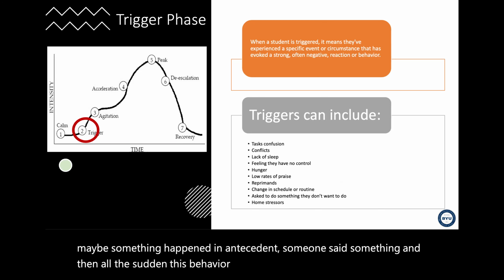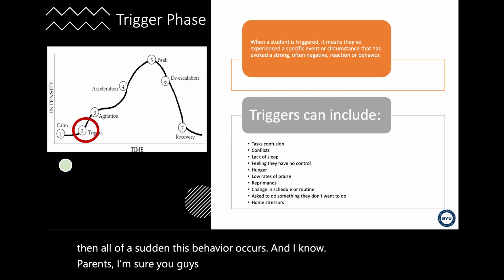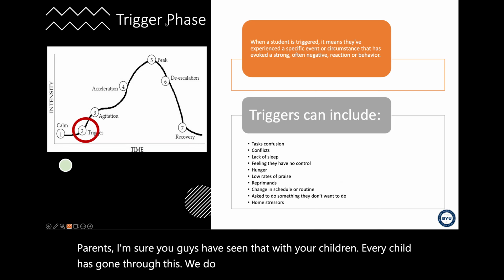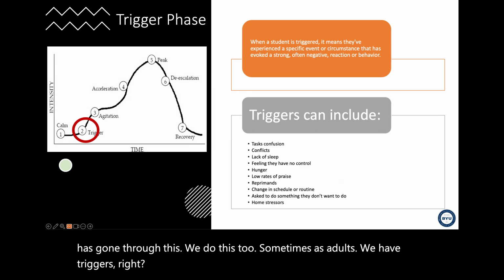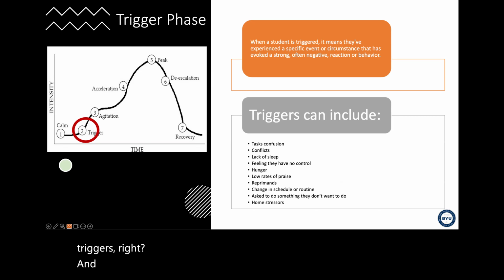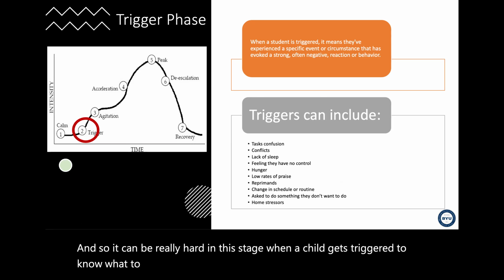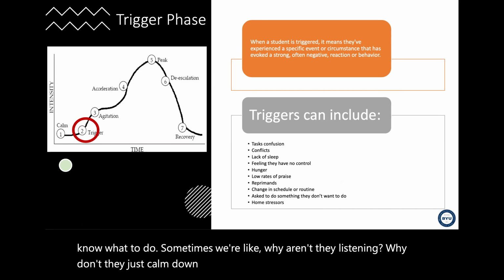And I know all parents, I'm sure you guys have seen that with your children. Every child has gone through this. We do this too sometimes as adults. We have triggers, right? And so, yeah, it can be really hard in this stage when a child gets triggered to know what to do sometimes. We're like, why aren't they listening? Why don't they just calm down quickly? This is kind of frustrating.